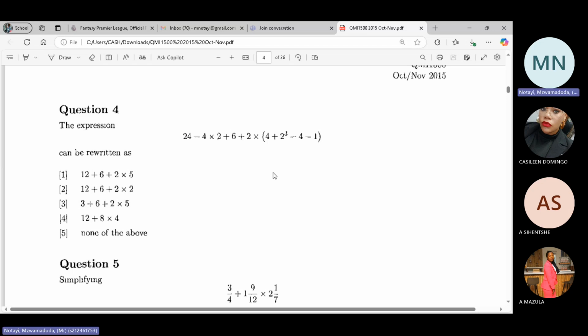Apply the priority rules to simplify the expression. One of those describes the simplified version of that expression. So it's 24 minus 4 times 2 plus 6 plus 2 times 4 plus 2 to the power 3 minus 4 minus 1.